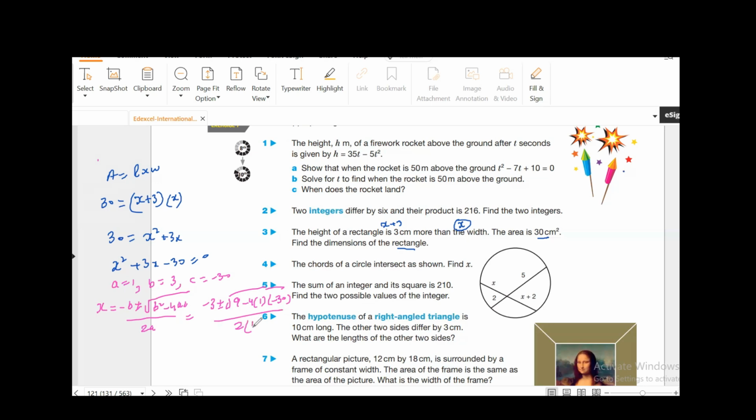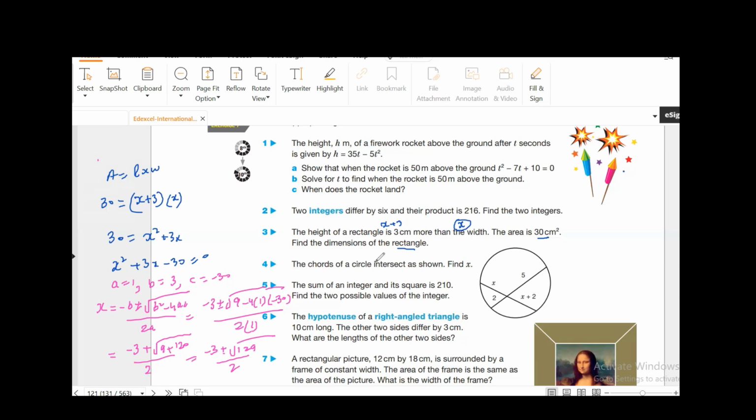Simplifying more, 9 plus 120 over 2A, it is negative 3 plus minus square root of 129 over 2. After this you can check in a calculator as well.